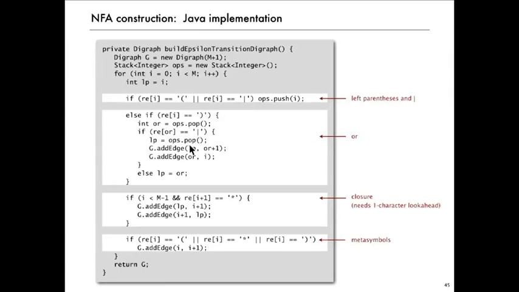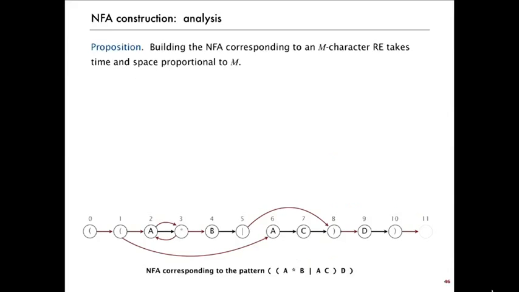If that pop is an or, then we put in the two edges to skip the or, and otherwise we look ahead and do the closure exactly as described. And if it's any one of the metasymbols, we just put in an epsilon transition to the next edge. Again, remarkably little code to go ahead and construct the NFA for a given regular expression.